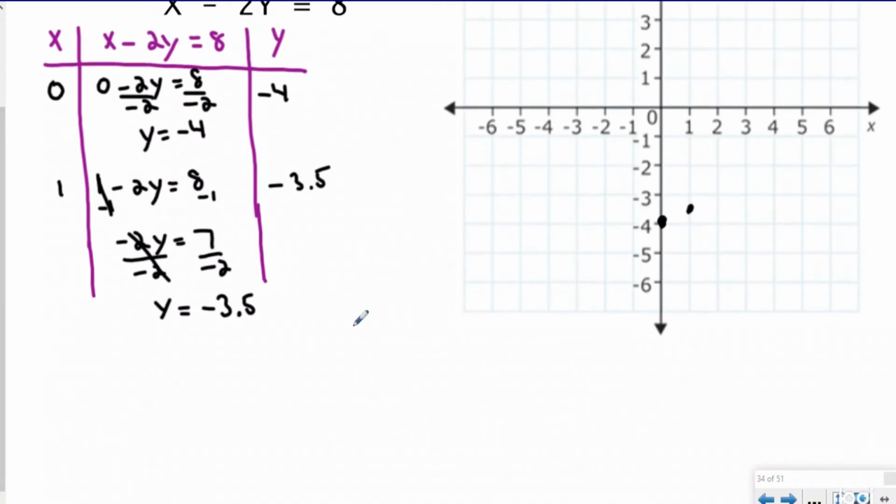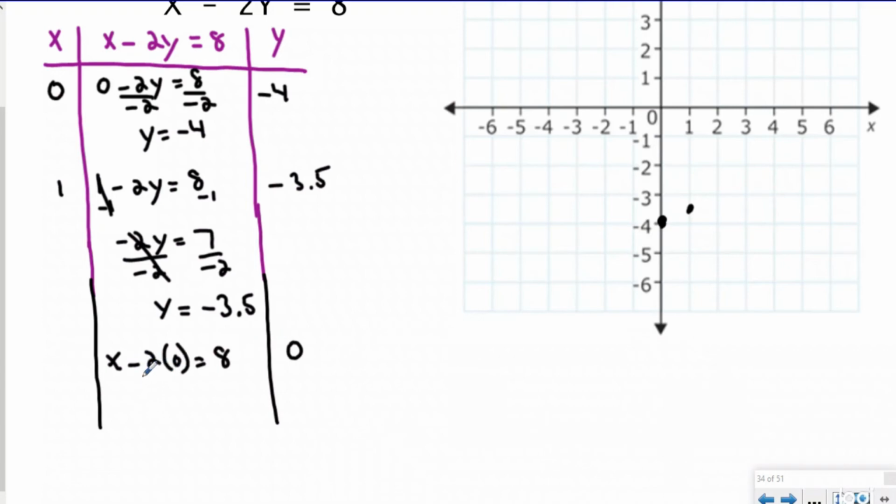Now let's go backwards though. Let me extend this down so I have more room. So now instead of putting my x value in, let's put my y value in, right? So if y was 0, then you could solve for x. So now I'm going to do x minus 2 groups of 0, because I'm plugging in 0 for y, equaled 8.